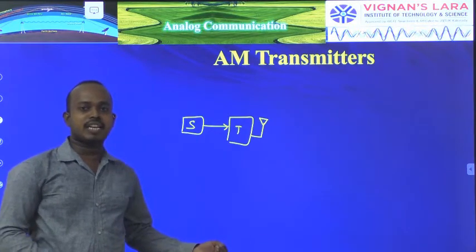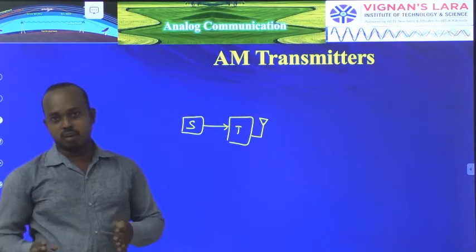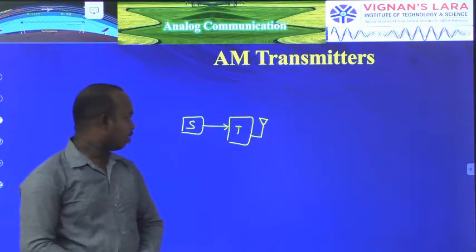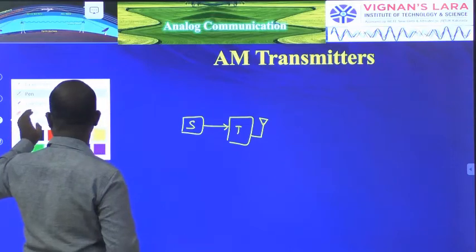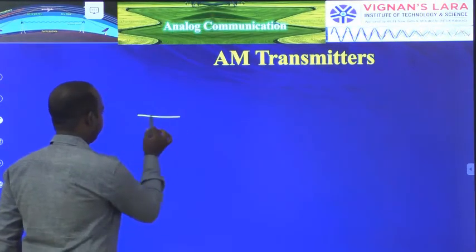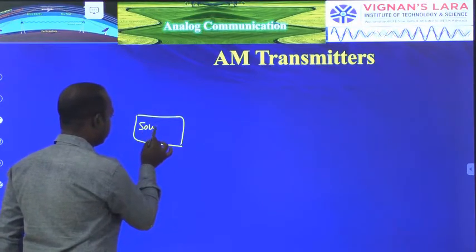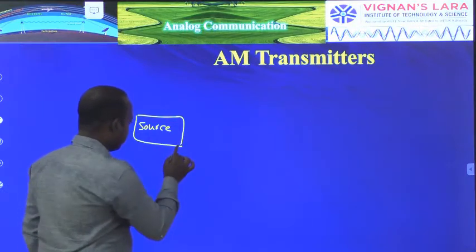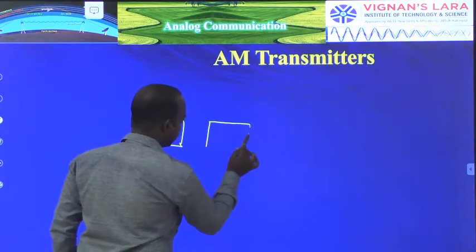Here you can use the transmitters and receivers. What channel do you have to use? What communication system do you have to use here? The fundamental blocks are: first we take the source, which is the information you need to deliver to the destination. The source delivers the message to the transmitter.